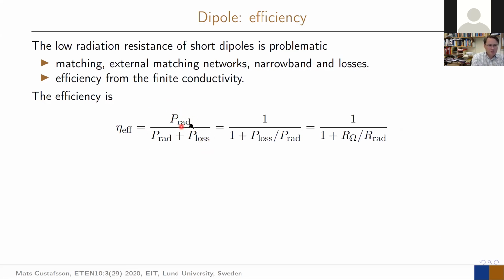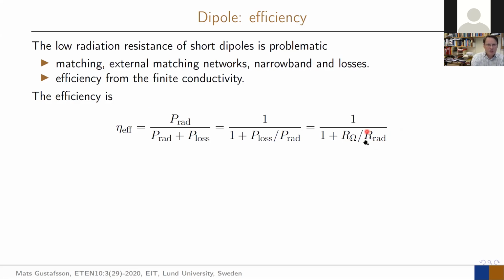So how much power is radiated compared to what is radiated plus the losses? Which means you can also write this as 1/(1 + the loss resistance divided by the radiation resistance) that sits there.